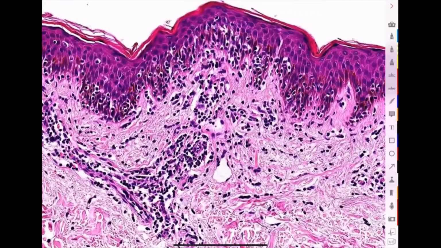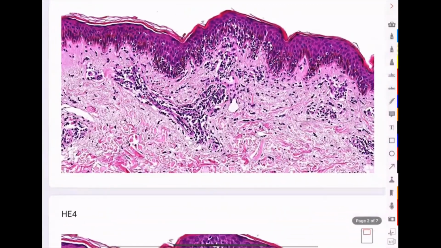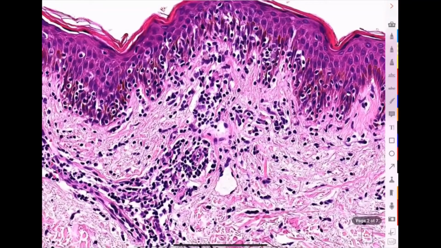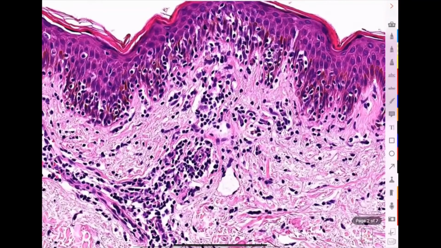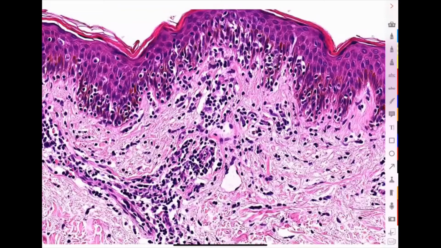Right, so your question with any slide will almost always be, are we dealing with an inflammatory process or are we dealing with a kind of neoplastic process? You always have to put this in mind first, right?